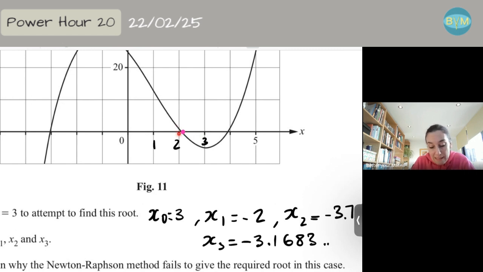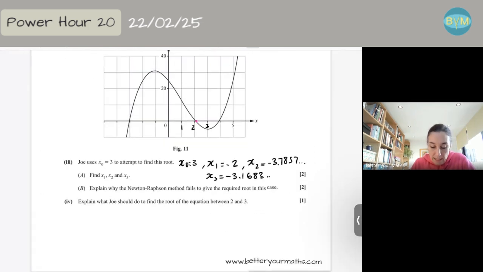It doesn't need to be the ends of the interval, it doesn't need to be 2 or 3. It could be 2.5 or 3.5, it doesn't matter. But 2 would be a better option, if that makes sense. So we should use x0 equal to 2.